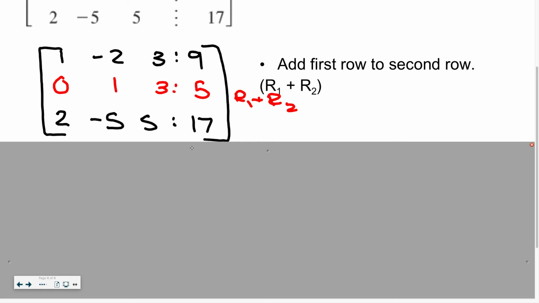Okay. So usually when I'm trying to get into row echelon form, I'm going to focus on getting these zeros first. So I currently have a 2 in row 3. How could I get that 2 to be 0 using my other rows?